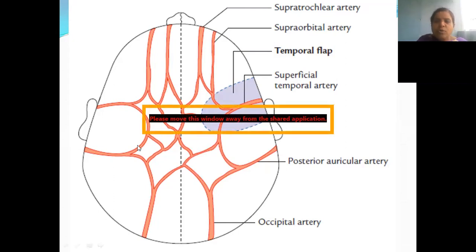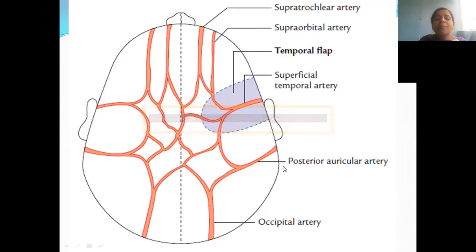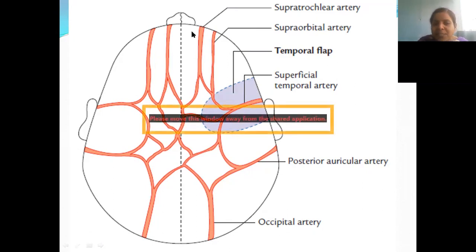So supratrochlear and supraorbital are branches of the internal carotid artery, which basically supplies the brain. Whereas the other arteries named here, like the superficial temporal artery, posterior auricular artery, and occipital artery, are branches of the external carotid artery. So in the scalp, we find the anastomosis of the external carotid artery with the internal carotid artery.